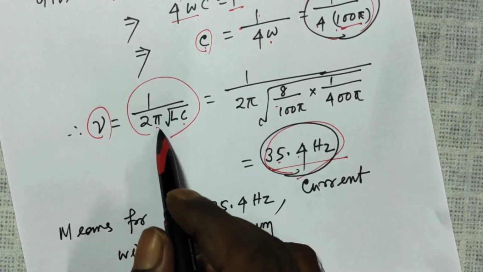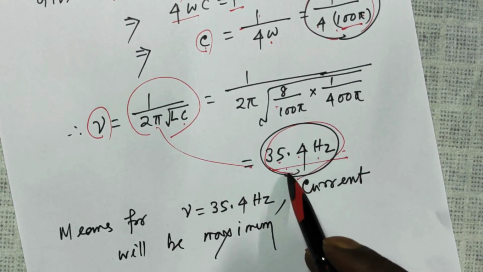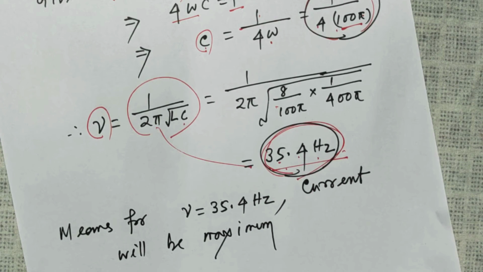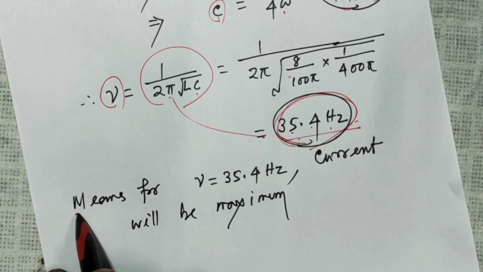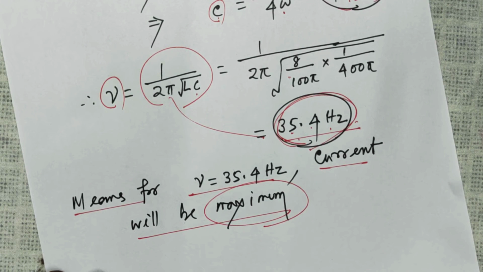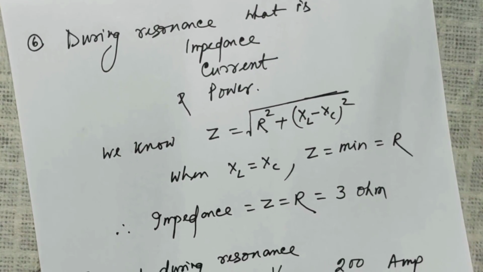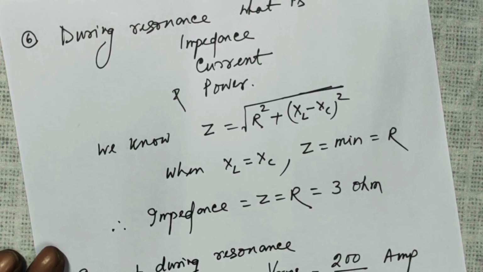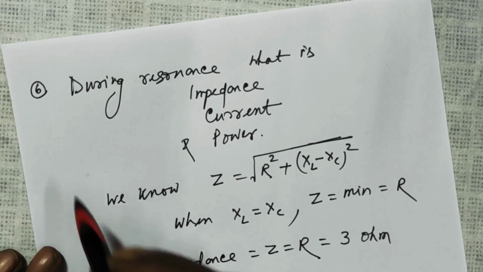So the resonance frequency is found out, 35.4 hertz, means at this frequency the circuit will draw maximum current. Means for nu equal to this, current will be maximum because the impedance is minimum, just equal to R.